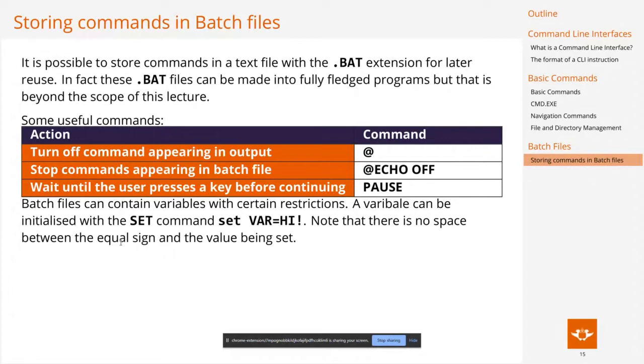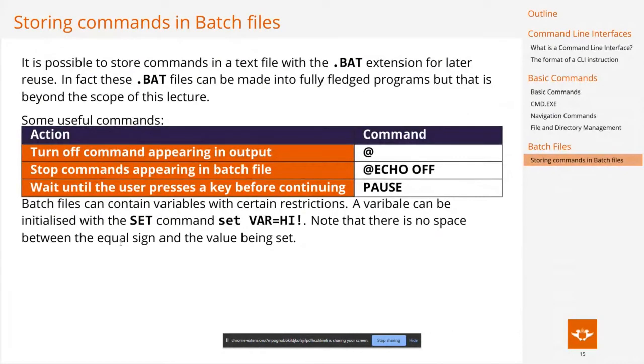Some useful commands inside of batch files. You'll see when we talk about batch files in a moment, we're going to show you an example of this. You'll see there's an @ symbol. An @ symbol basically stops output from happening. So if you type in change directory to C drive, it doesn't actually output that command when you run the batch file. Might be useful in certain circumstances.